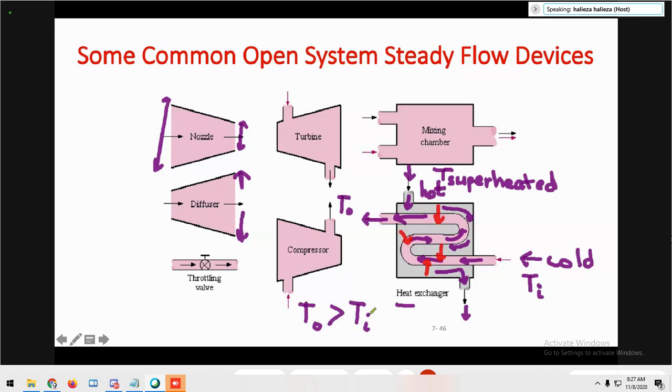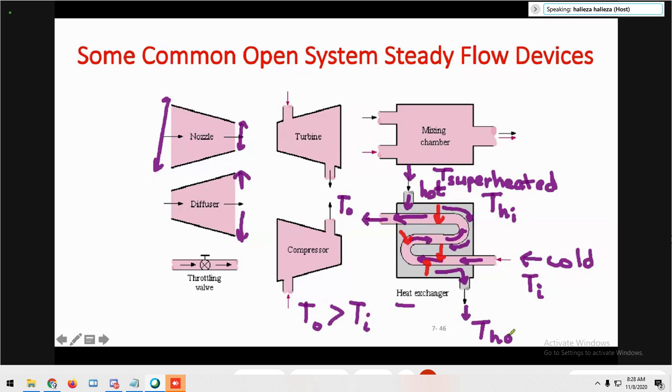So what happened to the hot superheated steam when it comes out here? It should have cooled down. The temperature should be lower than the hot inlet temperature. Let's say this is T hot in, the superheated temperature coming in. This is T hot out.